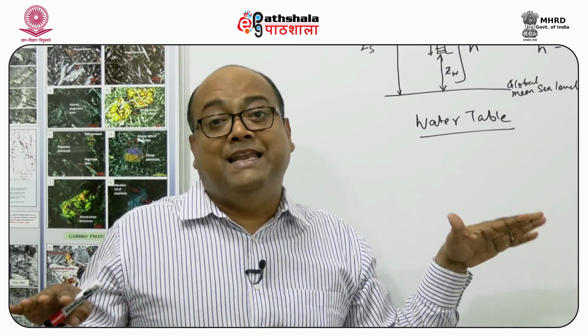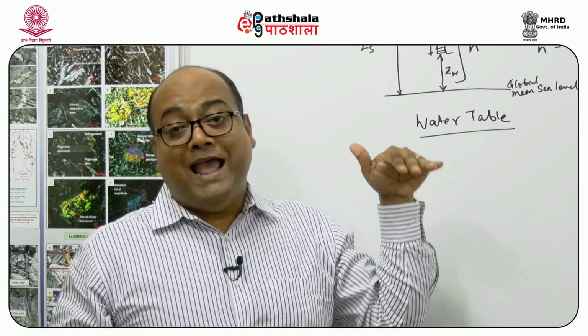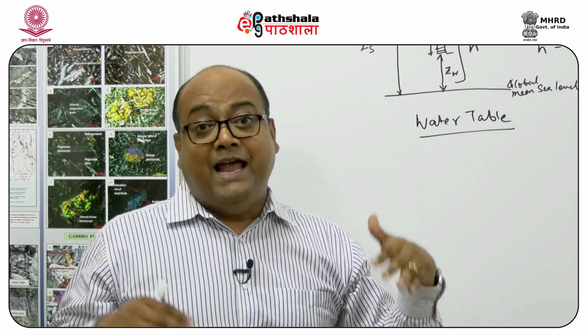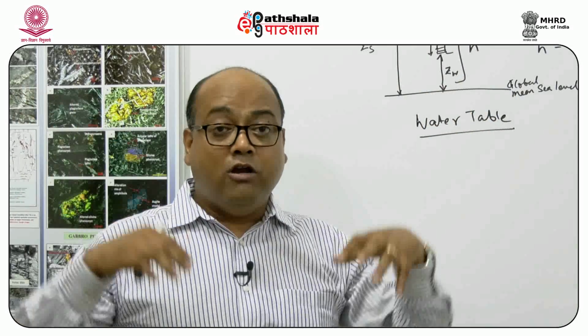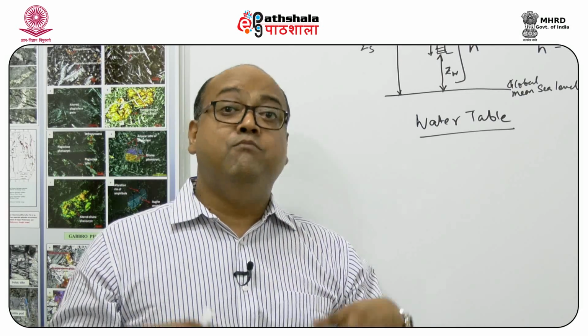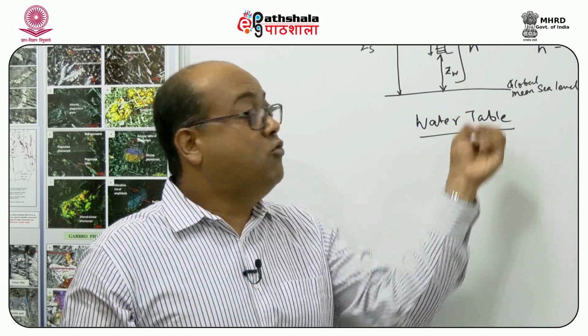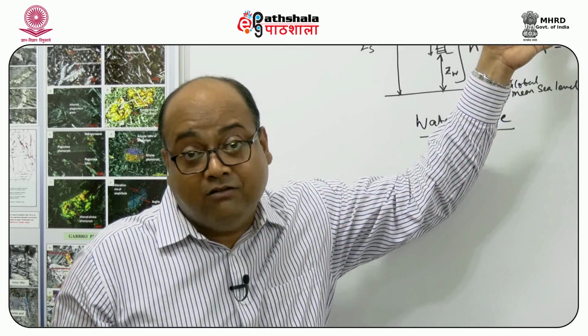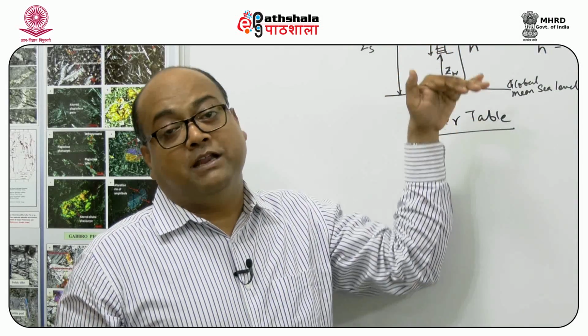Water table is basically an imaginary surface. During the monsoons, when there is a lot of rainfall, the input into the system is more than the output, that means more than the groundwater that is extracted out of the system. Then the water table rises.